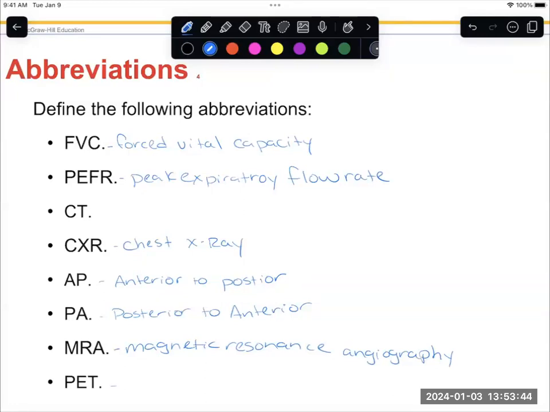And then we have a PET scan, which is a positron emission tomography, which is used to differentiate between benign and malignant tumors.